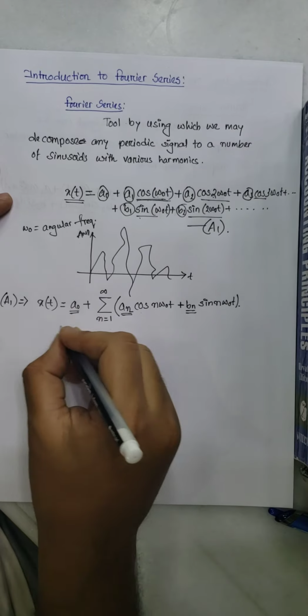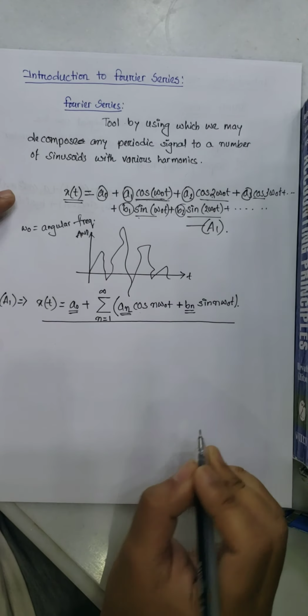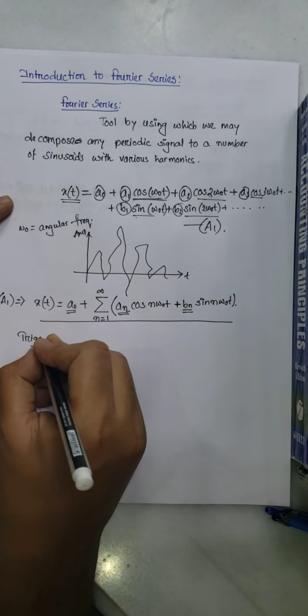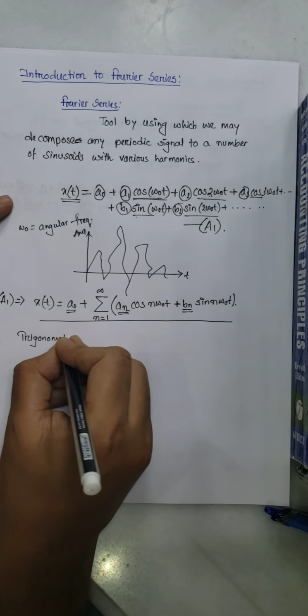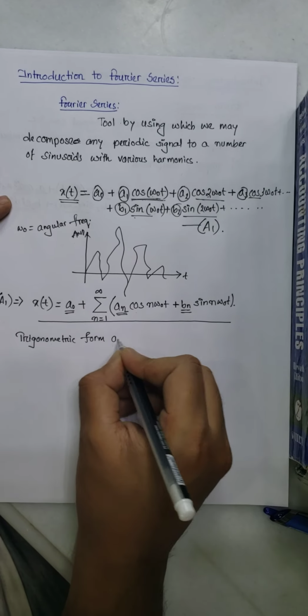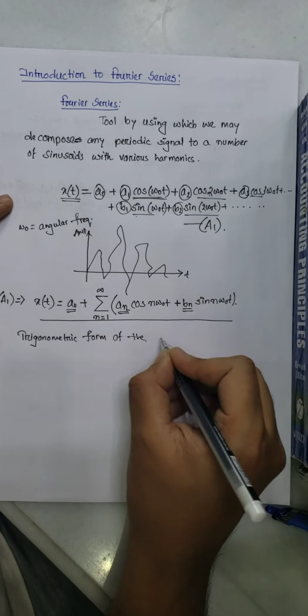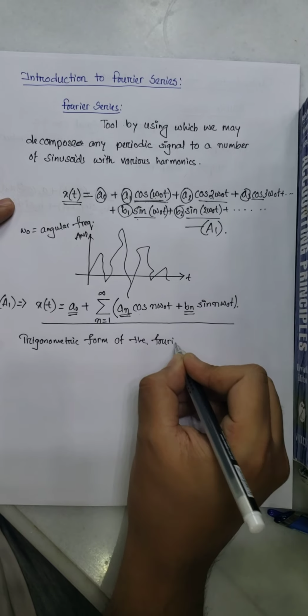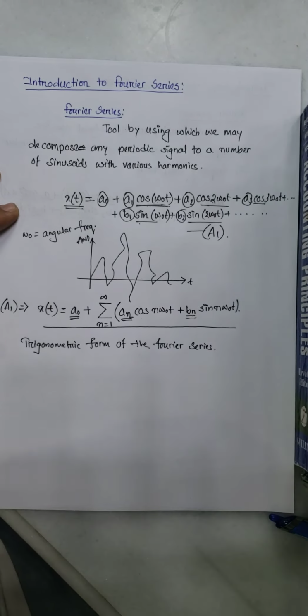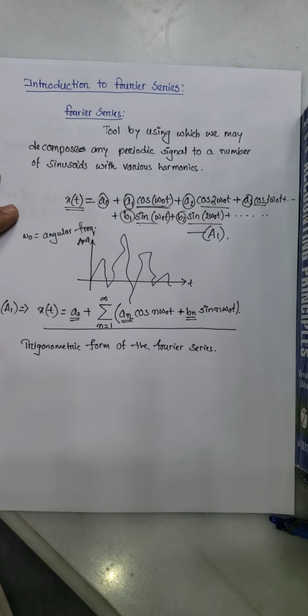Now the series which is shown over here is called the trigonometric form of the Fourier series, and this series also has an exponential form.